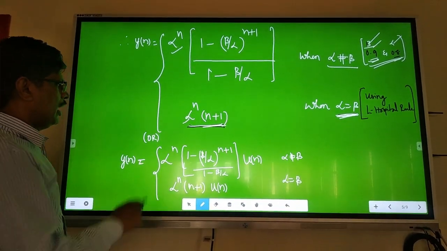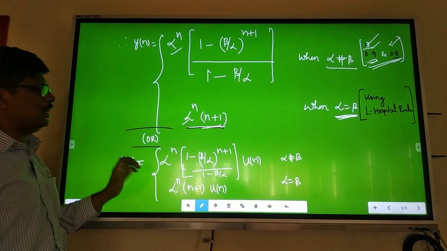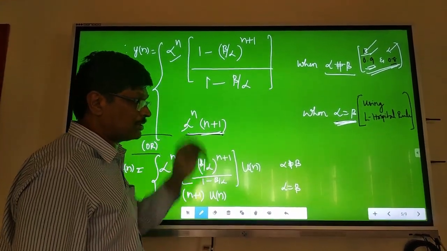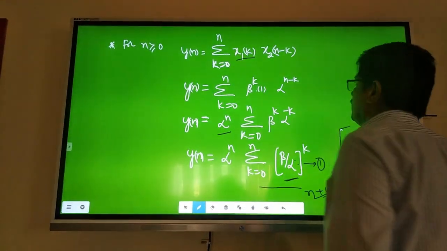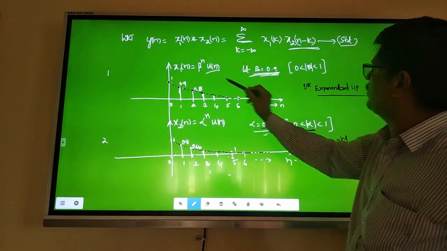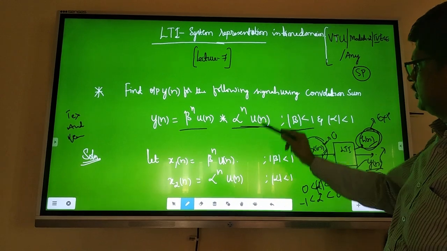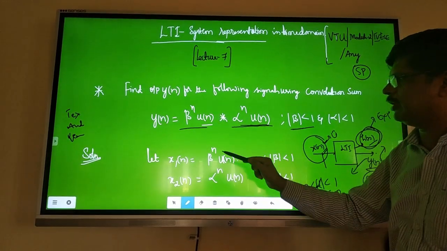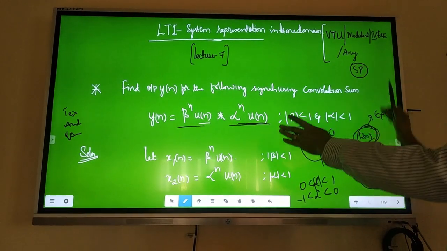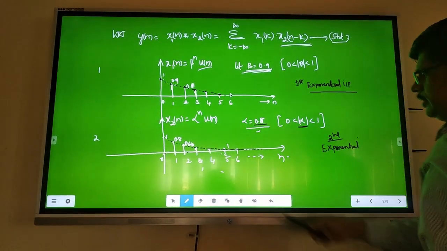This is also exponential. Now, as engineers, you cannot stop here. You have to write everything in terms of u of n, because he is asking for it in terms of u of n only. For example, in the expressions he is giving, it is u of n, the exponential with respect to the step only.